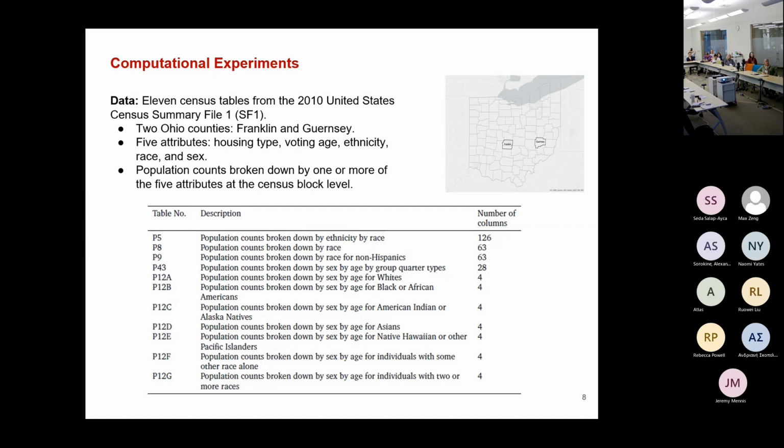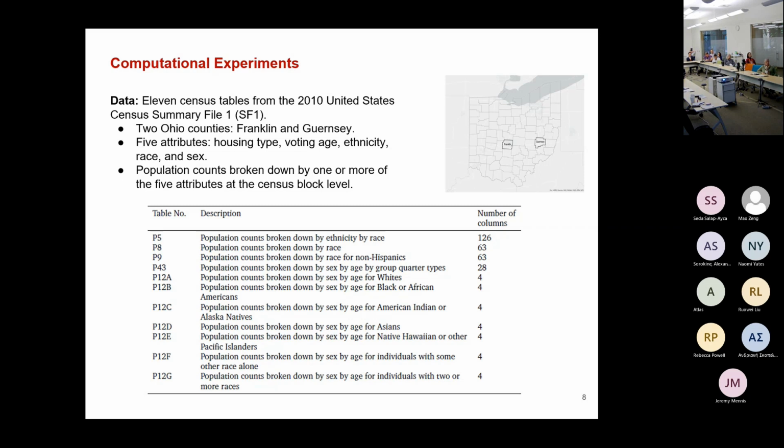And the census tables we selected are for 2 counties in Ohio, Franklin County and Guernsey County. Franklin County is an urban county, and Guernsey County is mostly rural.